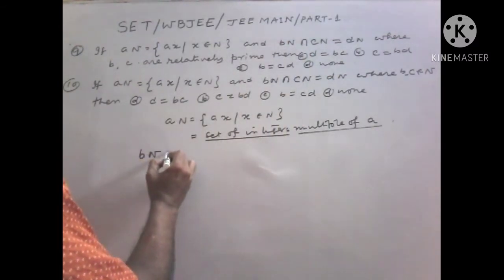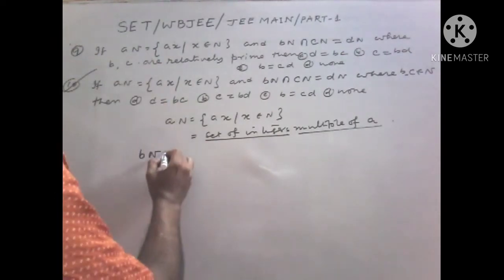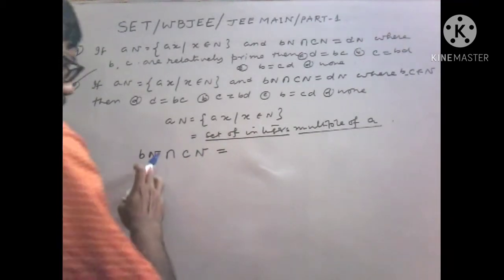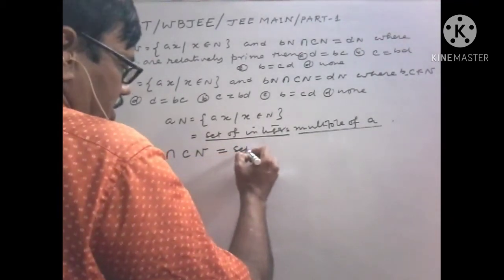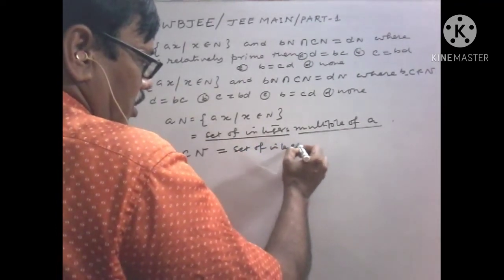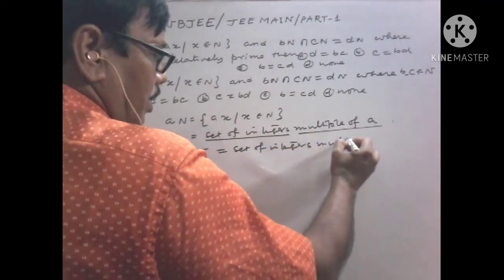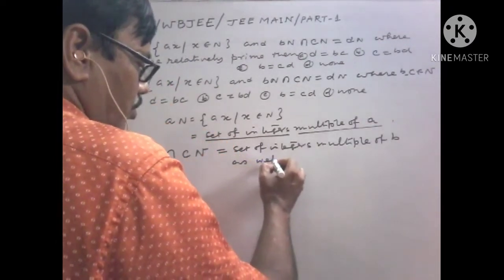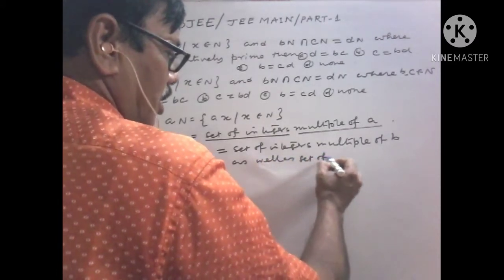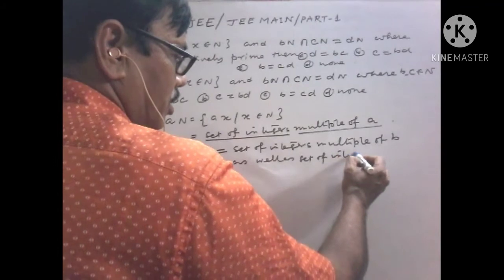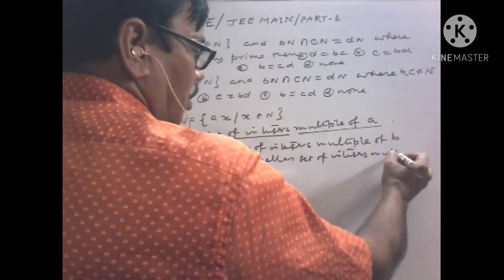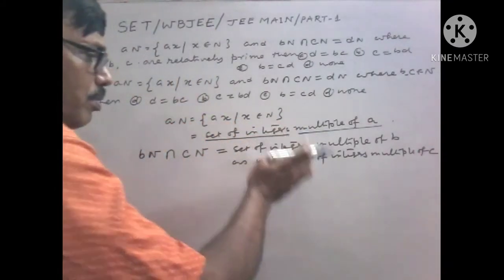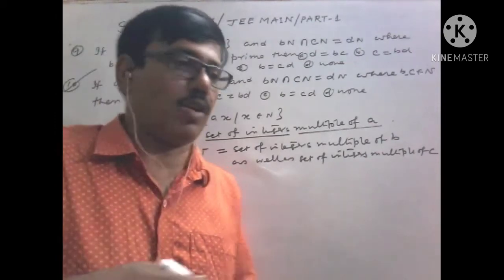So Bn intersection Cn equals the set of integers that are multiples of b, intersection the set of integers that are multiples of c. So multiples of b as well as multiples of c.